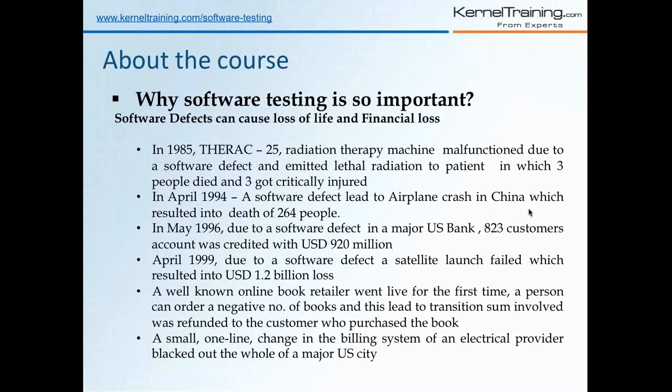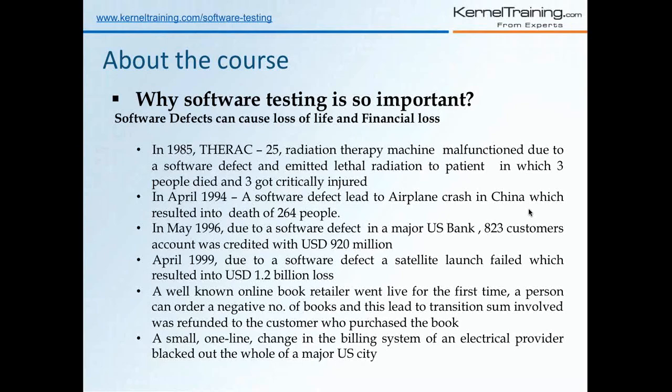Though it's good for the people whom the money got credited, it's a loss to the bank, and it happened all because of a defect in their software. Another famous example: a satellite launch failed because of a defect in their application, which cost them $1.2 billion.